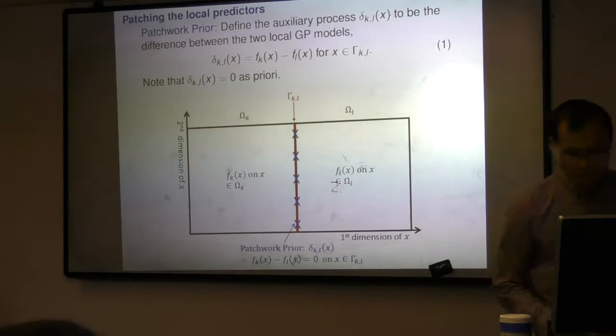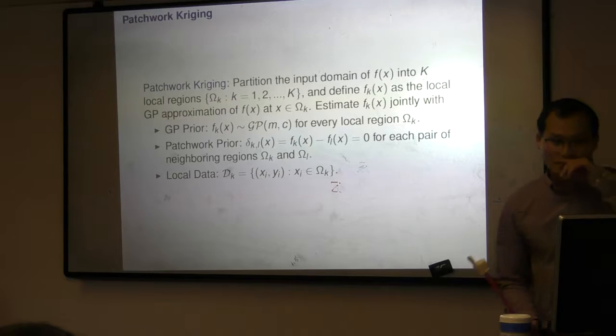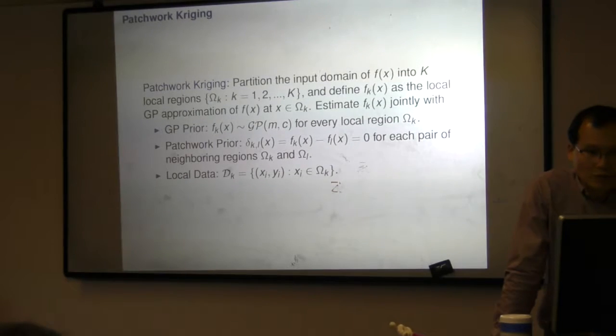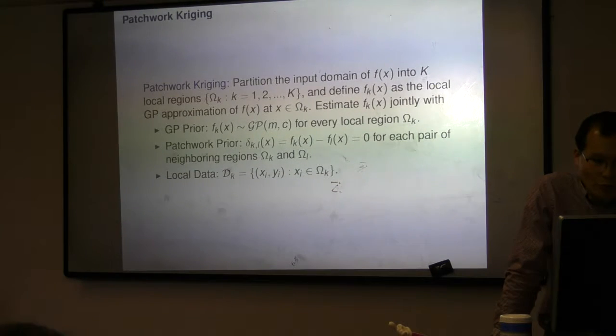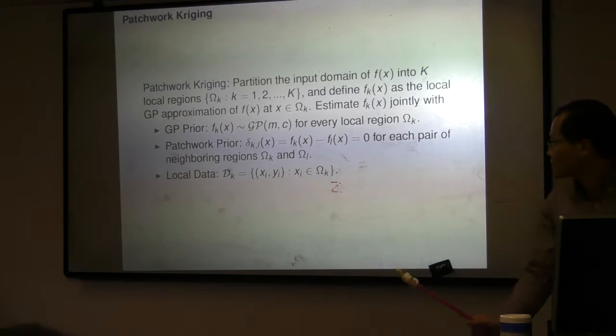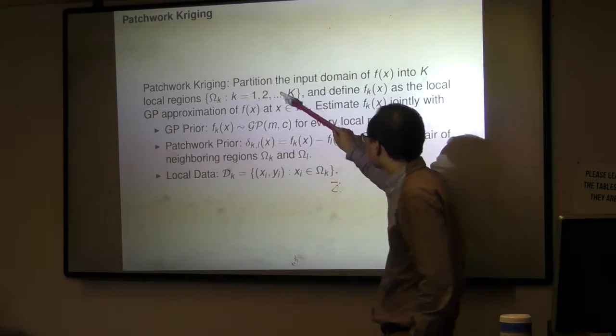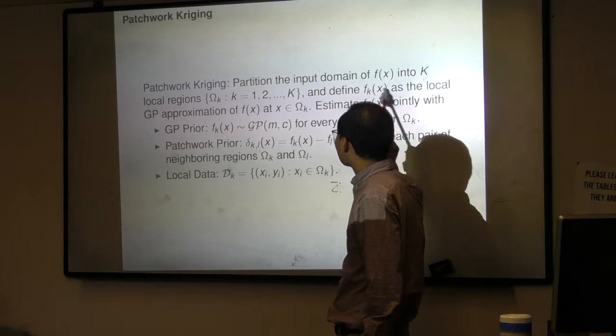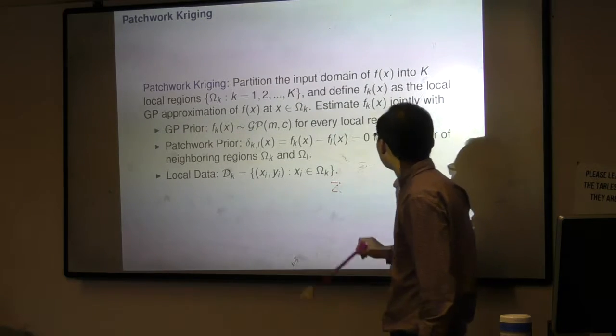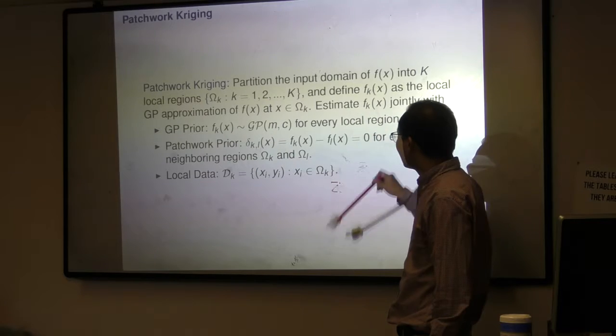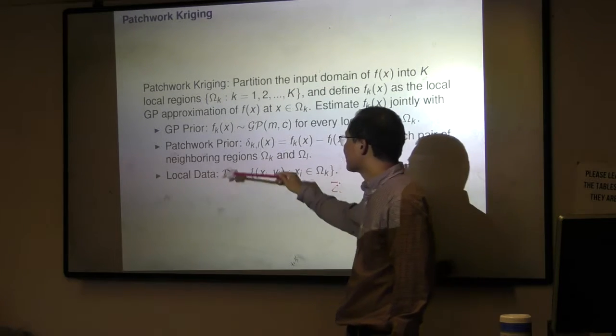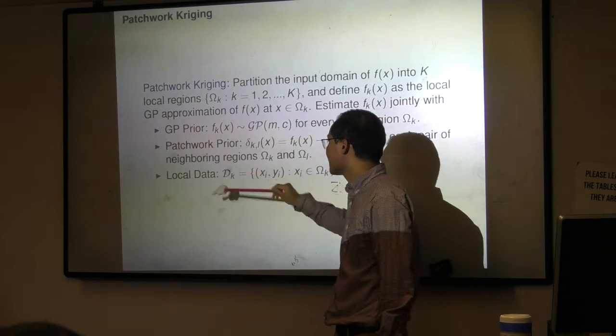We incorporate that prior into the Bayesian framework. Exactly as in the local GP, we partition the data, define the local approximation, and estimate each approximation jointly under the prior and the local data.